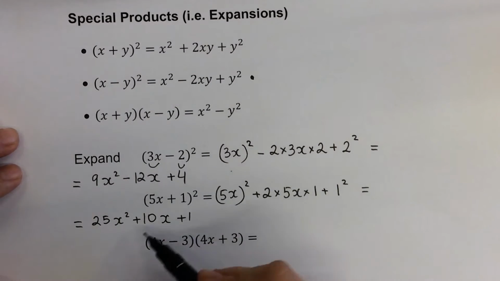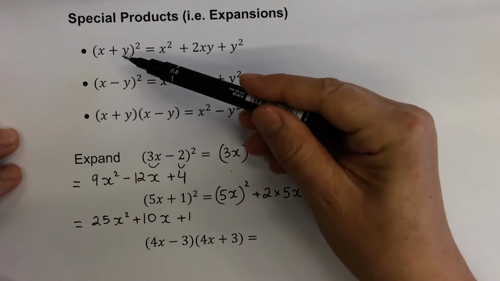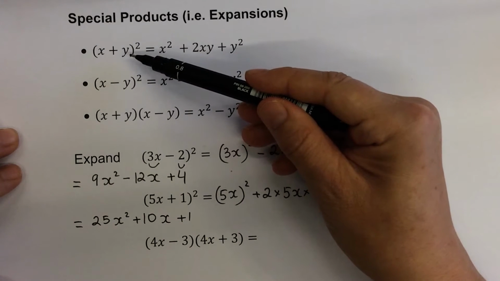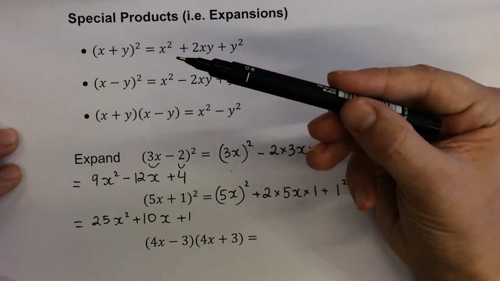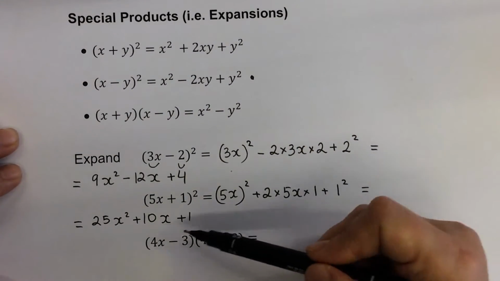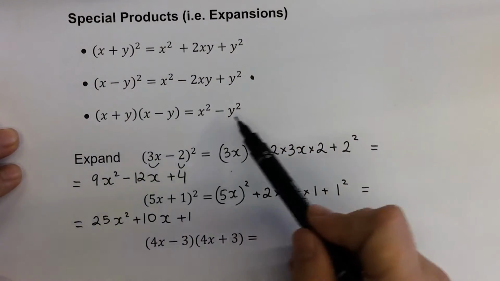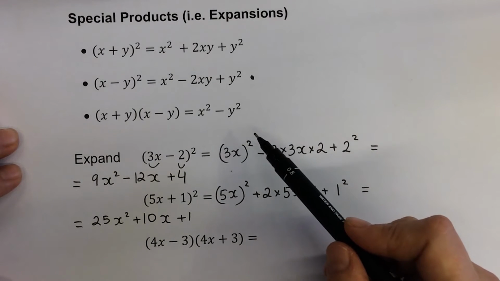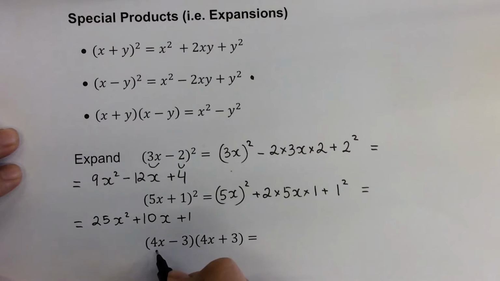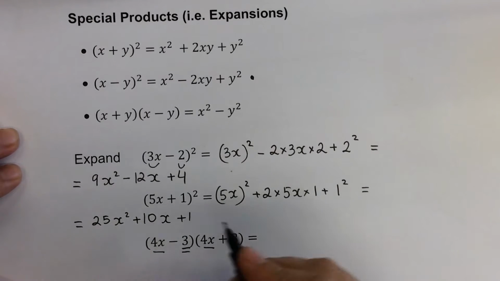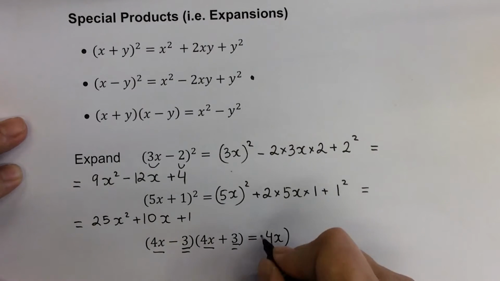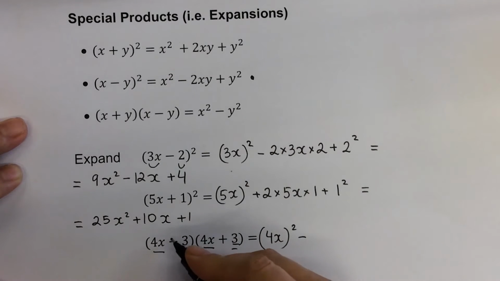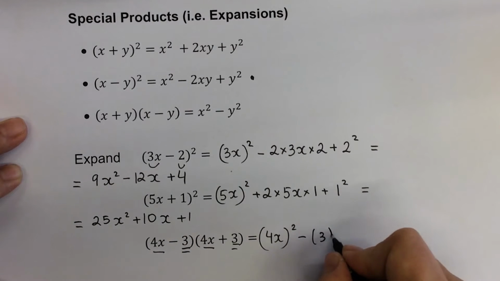Now, this doesn't look like either a square of a sum or a difference. However, it looks pretty much like the third formula, which says if you have the difference of the same terms times the sum of the same terms, that expands as the first term squared minus the second term squared.